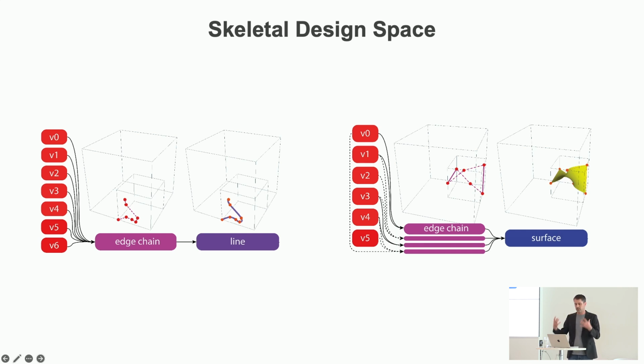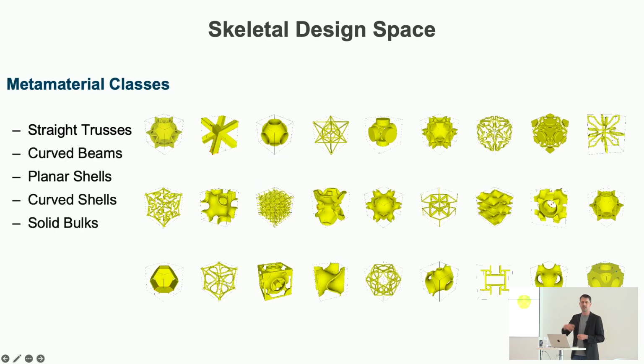Such that this is sufficiently rich, so that we have a very expressive space, we must ensure that this can represent basically these 5 major shape classes for metamaterials, which are straight trusses, curved beams, planar shells, curved shells, and also solid bulks. So we worked here together with material scientists to have a good coverage.